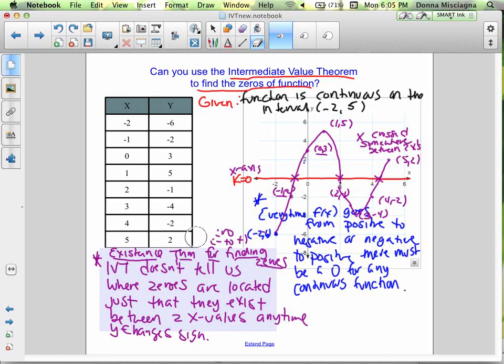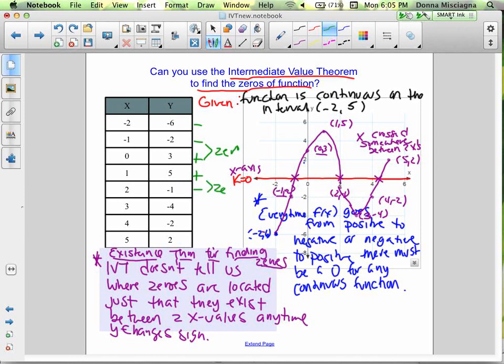All right, so I'm just going to do it one more time for this one. Real quick, lickety split. All right, so negative, negative, positive. Got to be a 0. Positive, negative. Got to be a 0. And negative, negative, positive's got to be a 0. So we had them all listed, but I think this is easier to follow. All right?